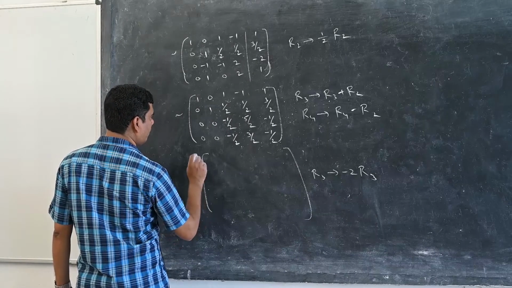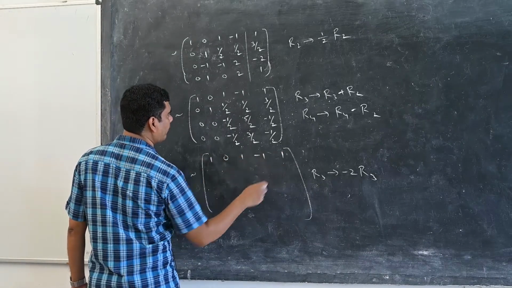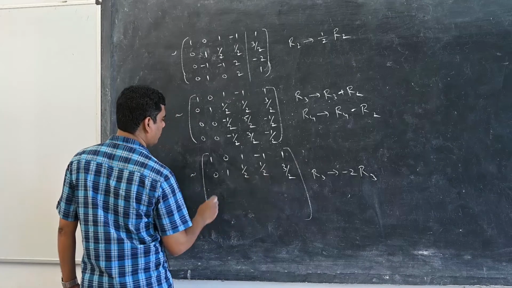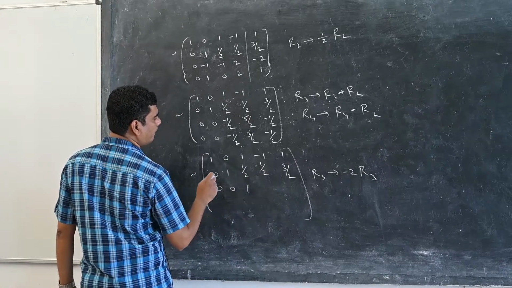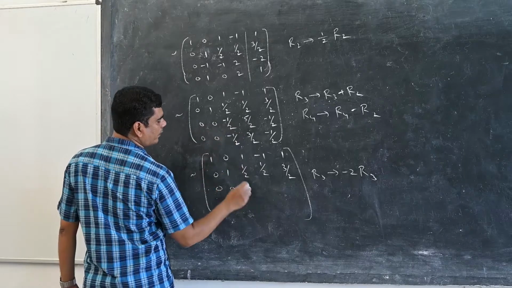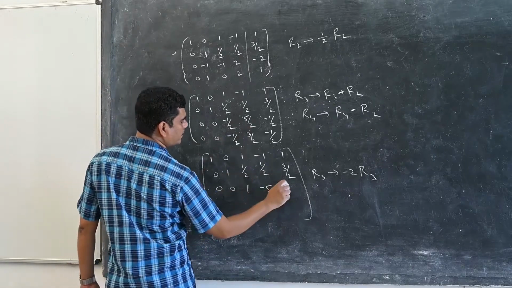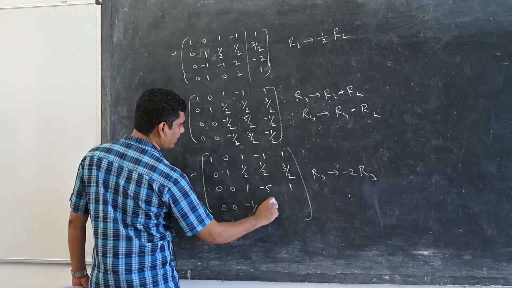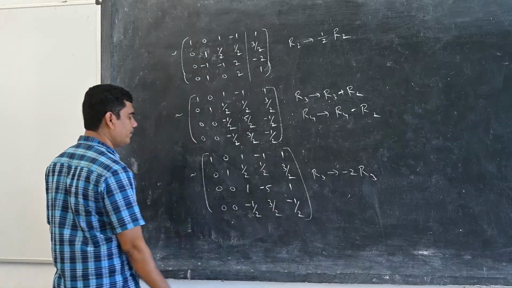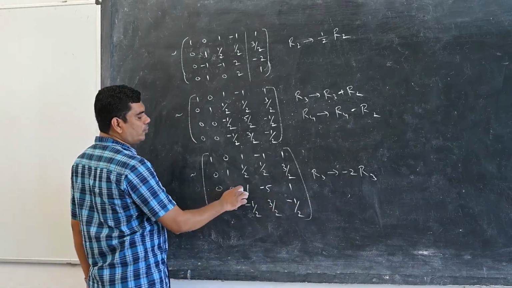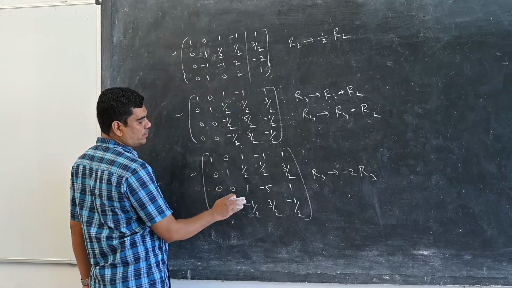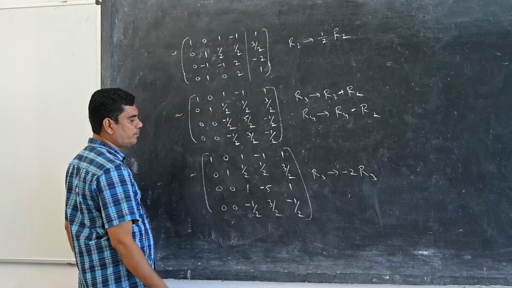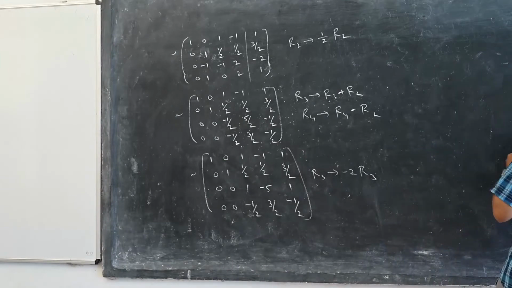Minus 2 into 5 by 2 is minus 5, and minus 2 into minus 1 by 2 is 1. So we made this element 1. Now we have to make the other elements in that column zeros using this one: the 1, the 1 by 2 and the minus 1 by 2 should become 0. So we have to do the row operations.